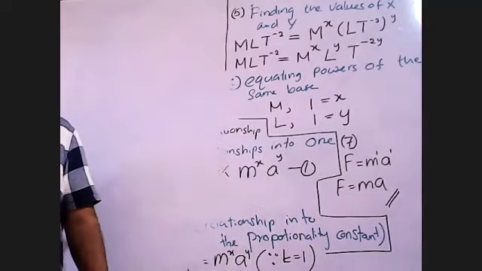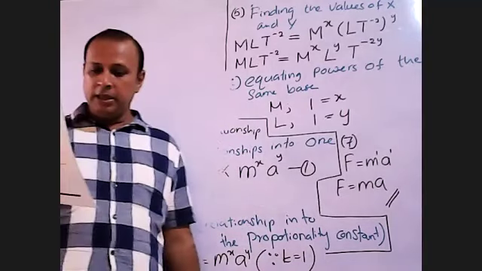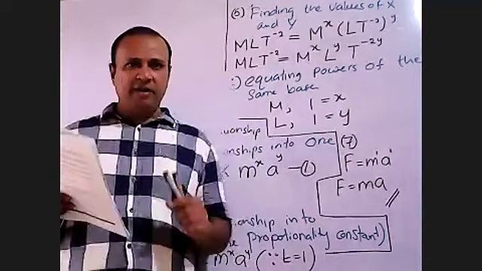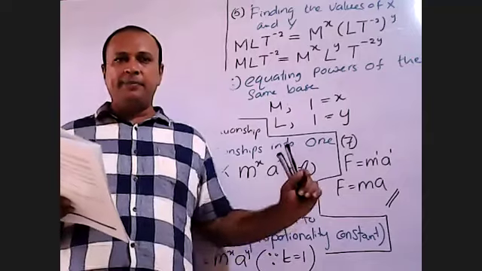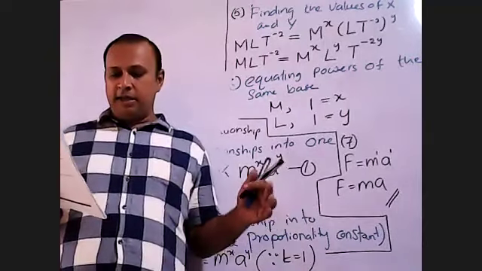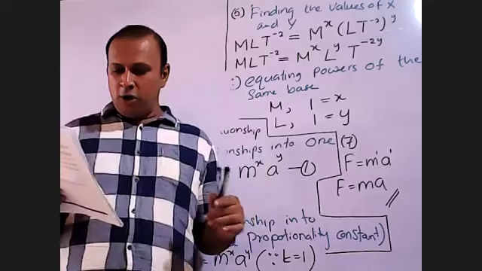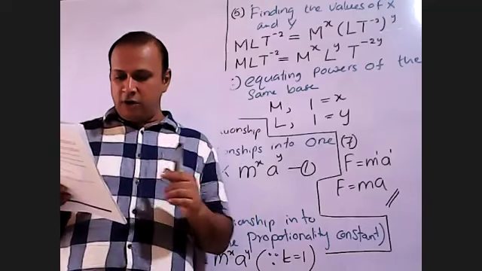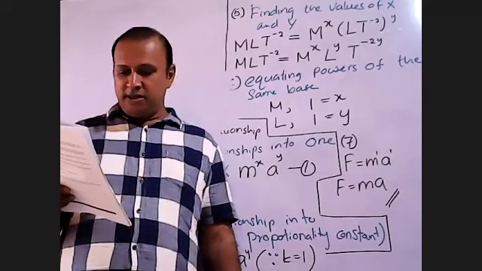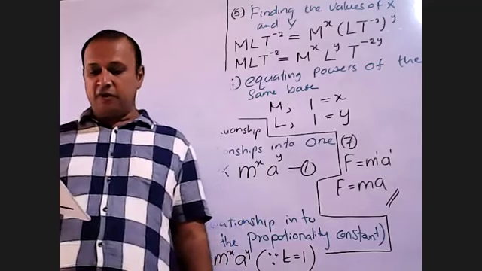Now suppose the volume V is given. Sometimes it can be asked: the volume of a spherical object depends on its radius. The proportionality constant is 4π over 3.